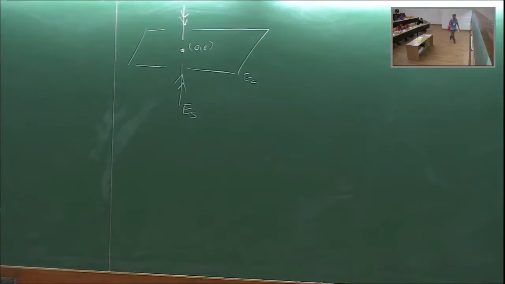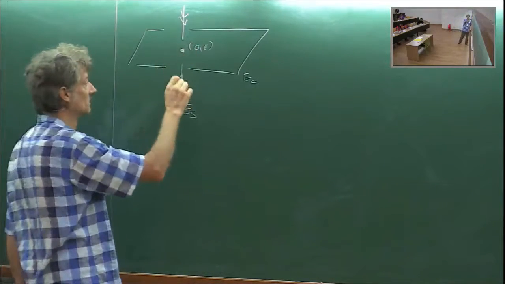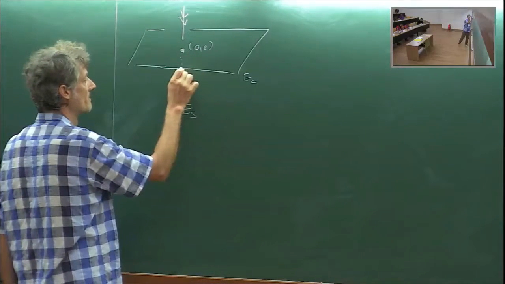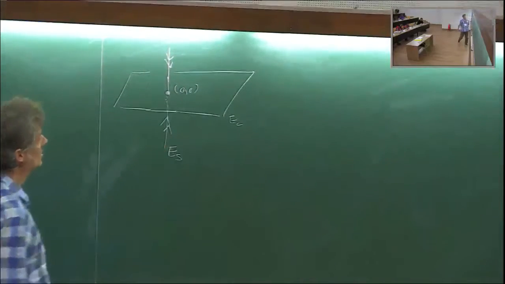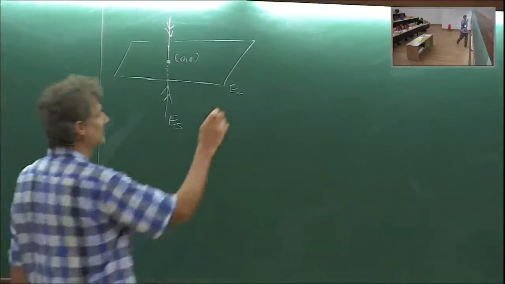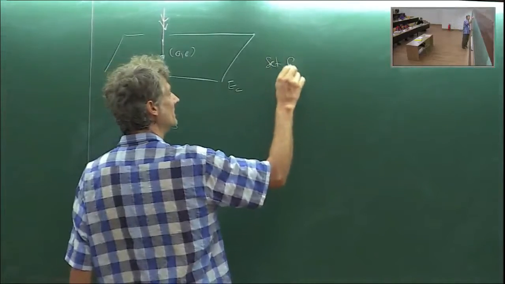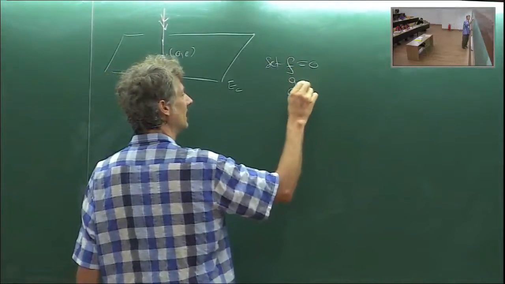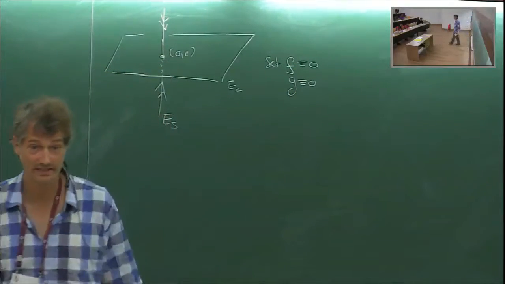So here we have no idea what happens around 0. Okay? So this is the linear picture when we set f to be 0 and g to be 0. It's the entirely linear case.